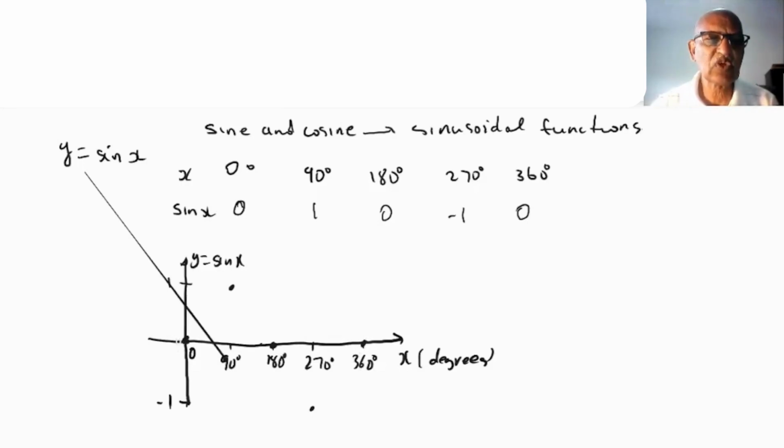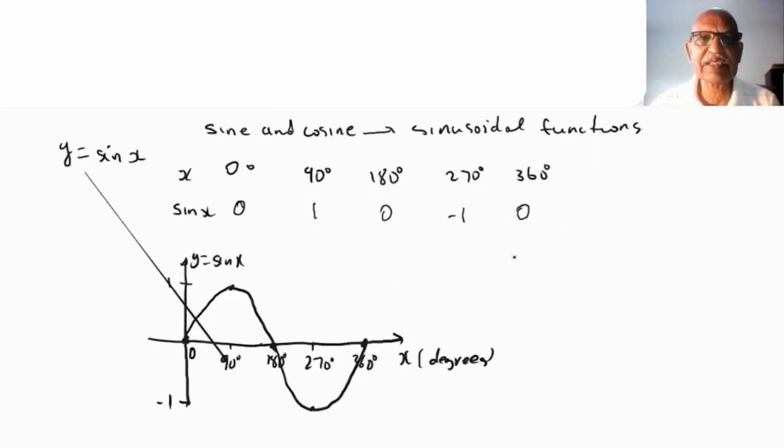So we start with a smooth curve. It's not straight lines, it's a smooth curve. We come down and then we go to 360, and this will continue forever for many cycles depending on our domain. So as we see here, it's one cycle.